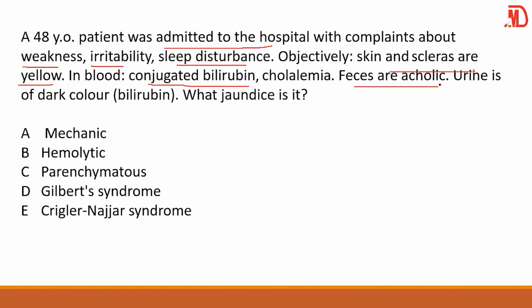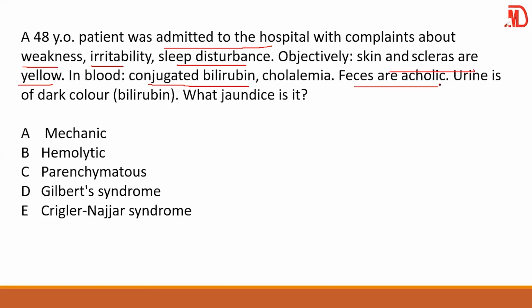So again, if something has been conjugated and we are having jaundice, we now refer to it as an obstructive form of jaundice. Again, we have about 3 types of jaundice. We have prehepatic jaundice, also known as hemolytic jaundice.